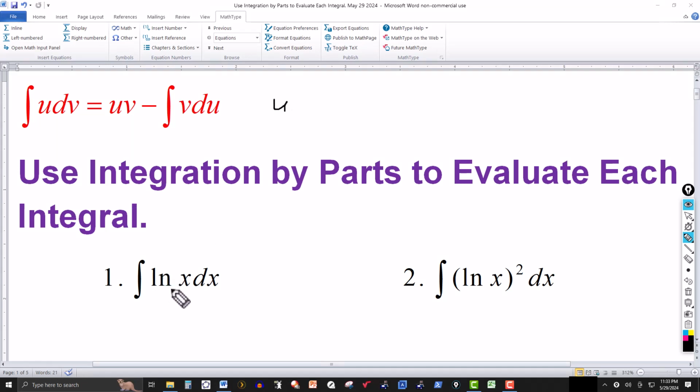So we look at the integral here. The integrand is ln of x. And we only have one function there. But remember, you can always multiply by 1. It doesn't change it.